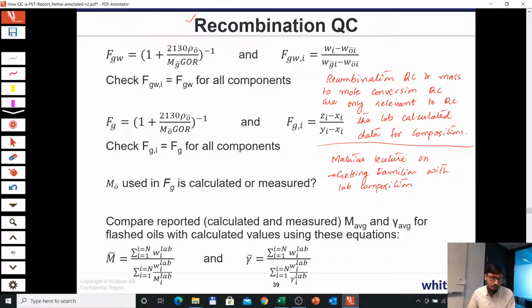Okay, and in the recombination QC, the first thing that we do is calculate the gas weight fraction, FGW, from the reported density, the average gas molecular weight, and the reported GOR.